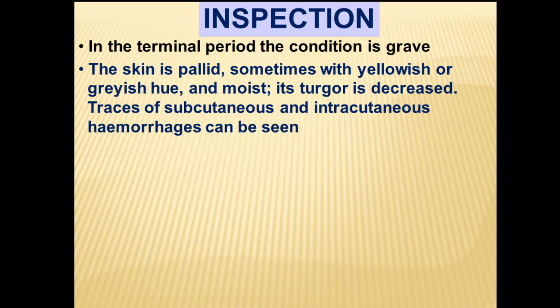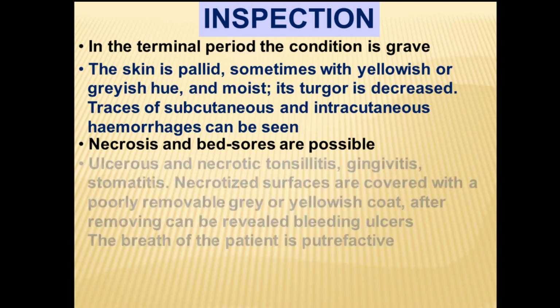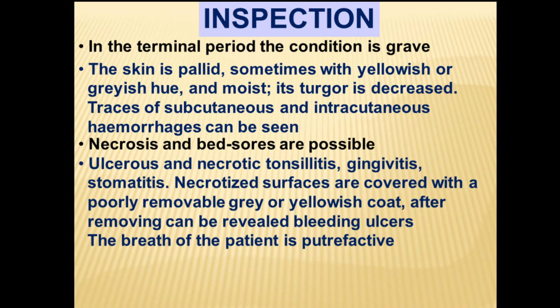It's moist, but its turgor is decreased. We see traces of subcutaneous and intracutaneous hemorrhages. Or we can reveal early formation of necrosis and bed sores due to decreased activity of the patient, due to muscular atrophy, due to hypoxia, disturbed blood circulation.